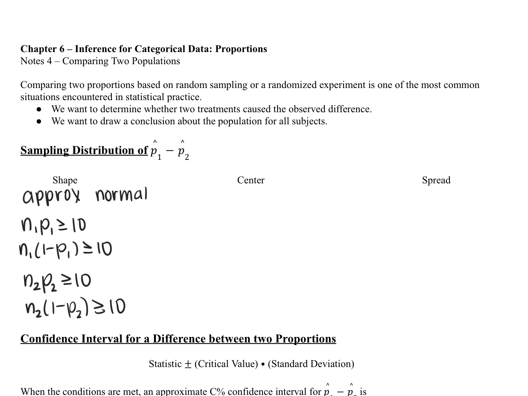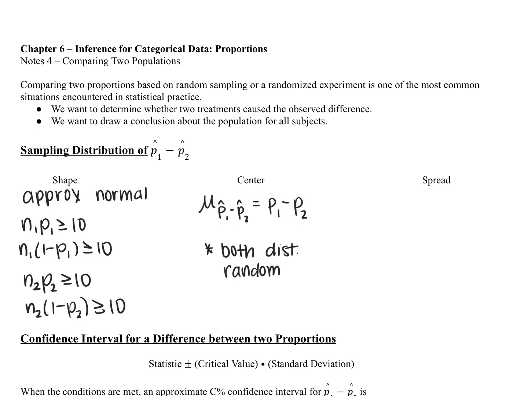Our center, the mean of P1 hat minus P2 hat, was just P1 minus P2, as long as both distributions were random.